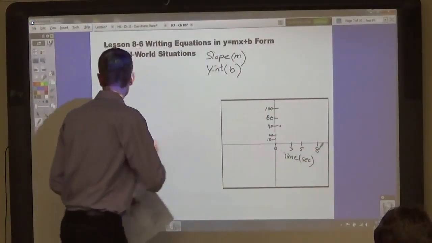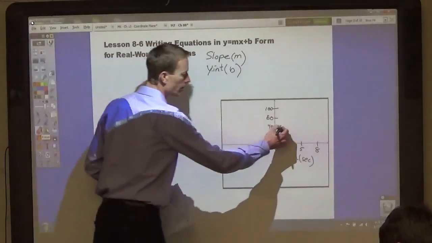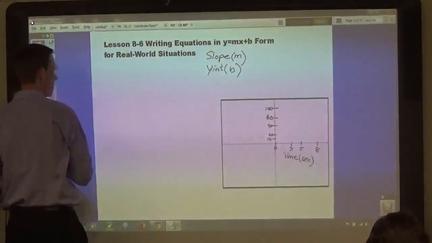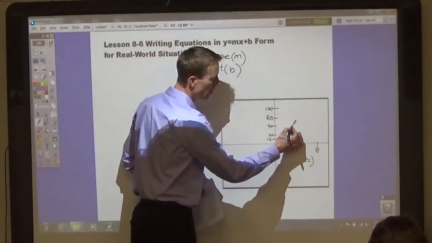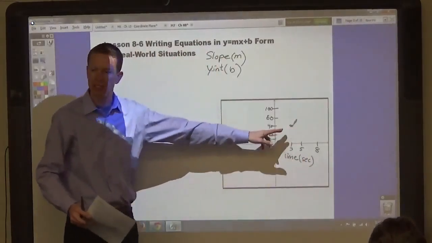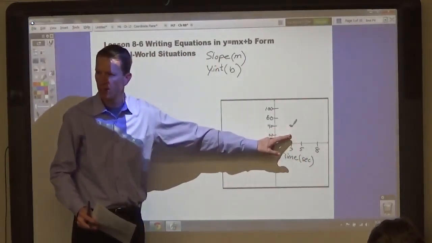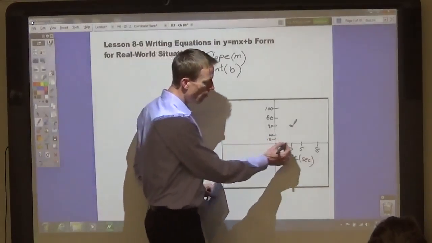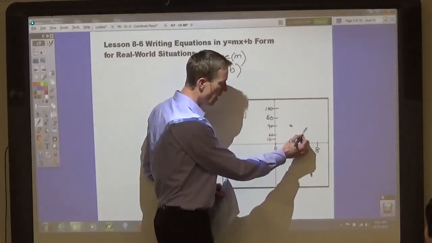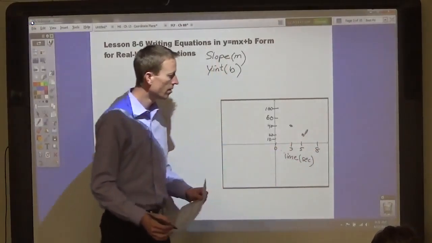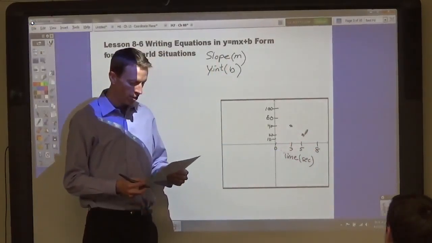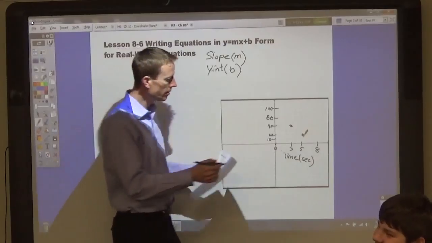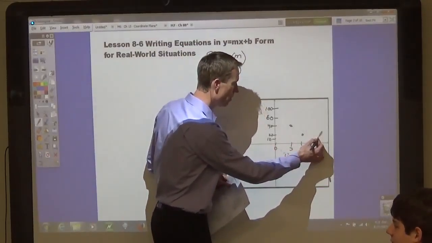So after 3 seconds, he was going 40. So this is how you mark that point. Then after 5 seconds going 30, so then you go over 5 and go up to 30. And after 8 seconds, 12.